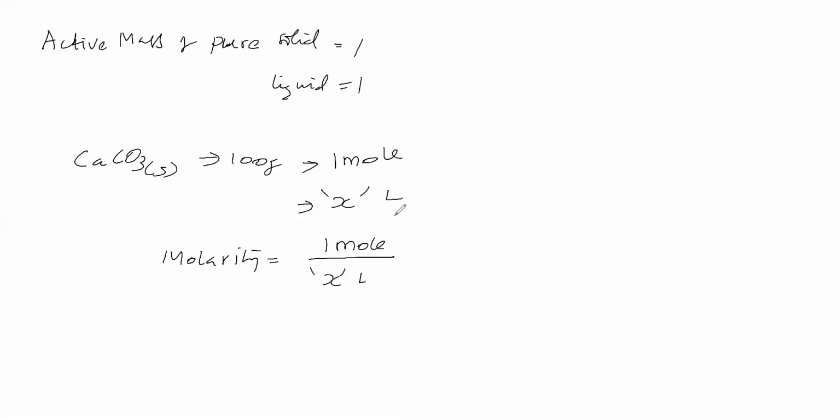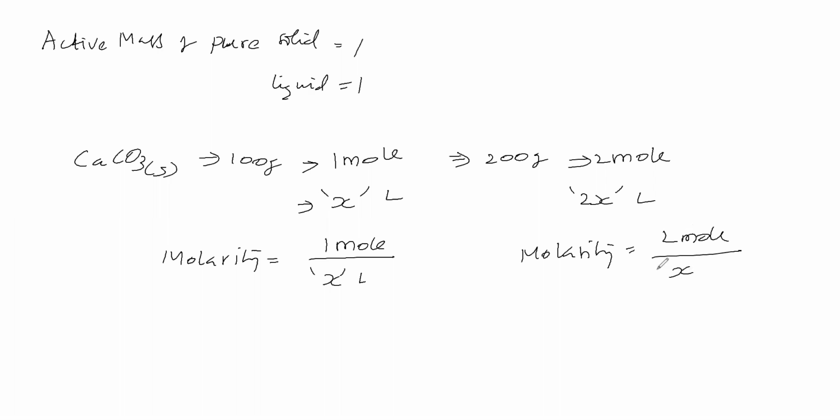This is called molarity. Now suppose if you take 200 gram of calcium carbonate, it will have 2 moles of calcium carbonate. This volume will be 2x liter. It is 100 gram is x liter, in the sense 200 gram will be 2x liter. For this, what is the molarity? Molarity is equal to number of moles, 2 moles, by volume, that is 2x, 2 get cancelled, therefore 1 by x mole per liter.